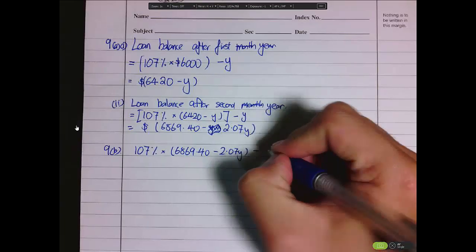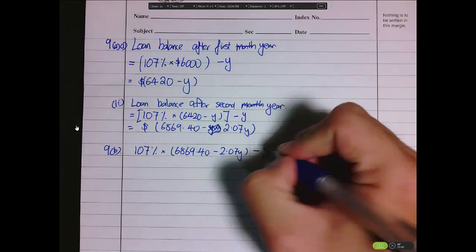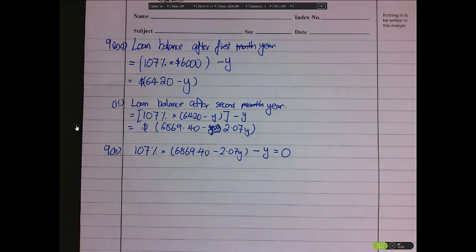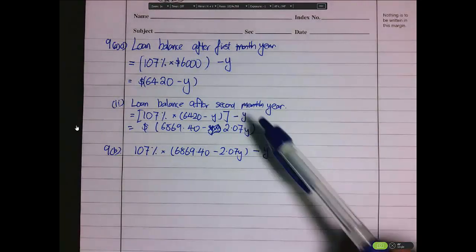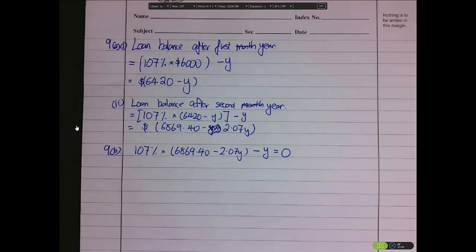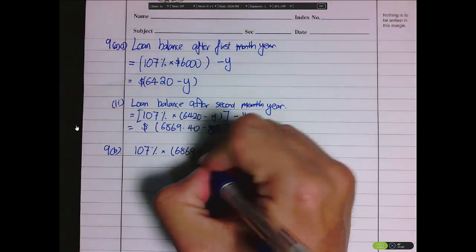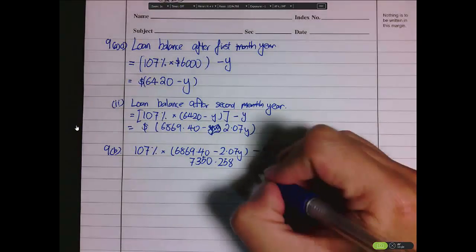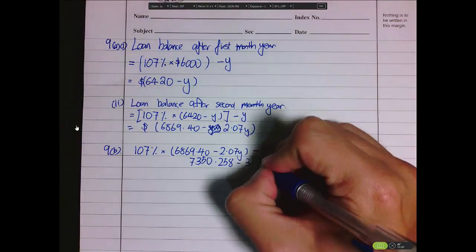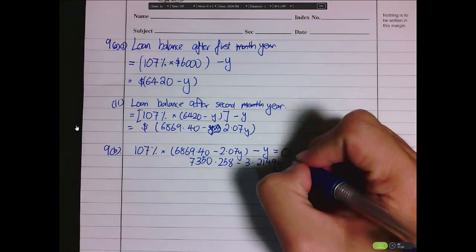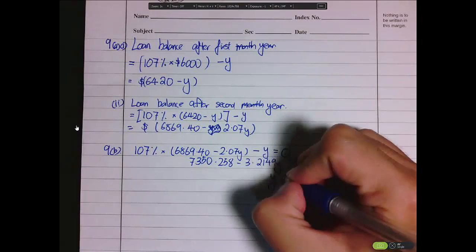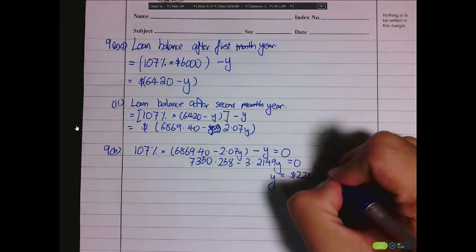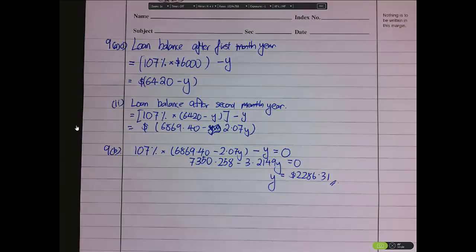Then if I pay back my last repayment, minus Y, it will be $0, because he will pay 3 equal payments: first payment, second payment, third payment. If everything is nicely solved, you get this minus 3.2149Y goes to 0. Solving for Y, you get $2286.31, correct to 2 decimal places.